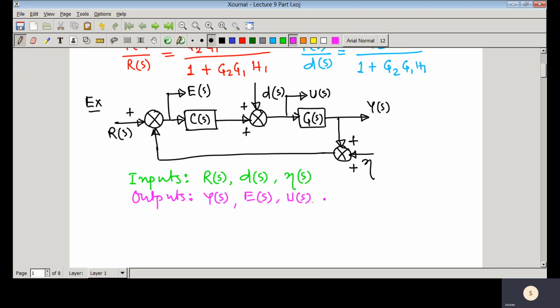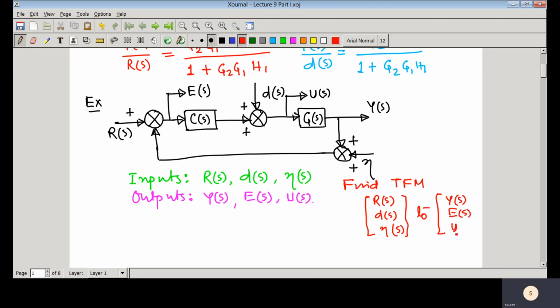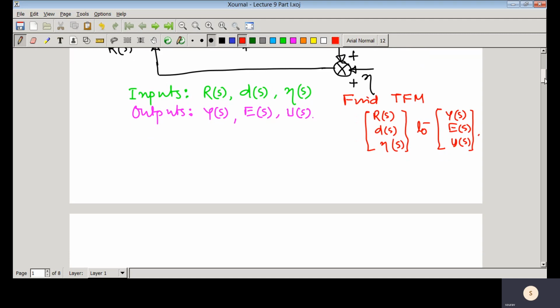So we are interested in the transfer function. So the problem is: find the transfer function matrix from the vector RS, DS, eta S to YS, ES, US. So let us see what is the transfer function matrix in this case.